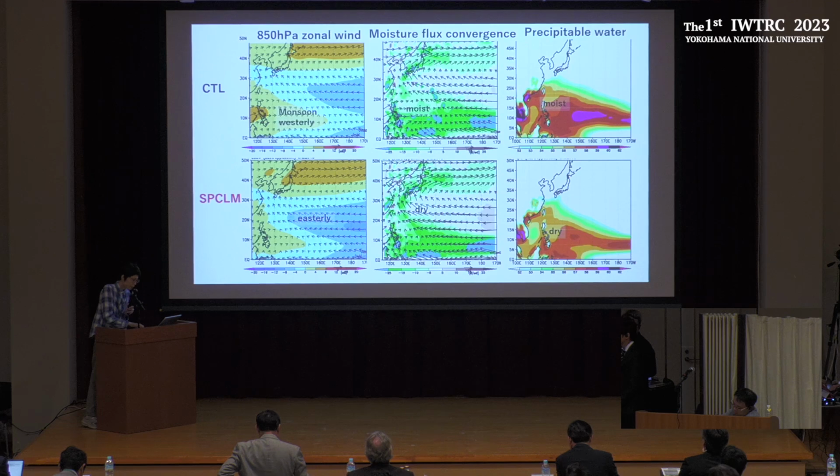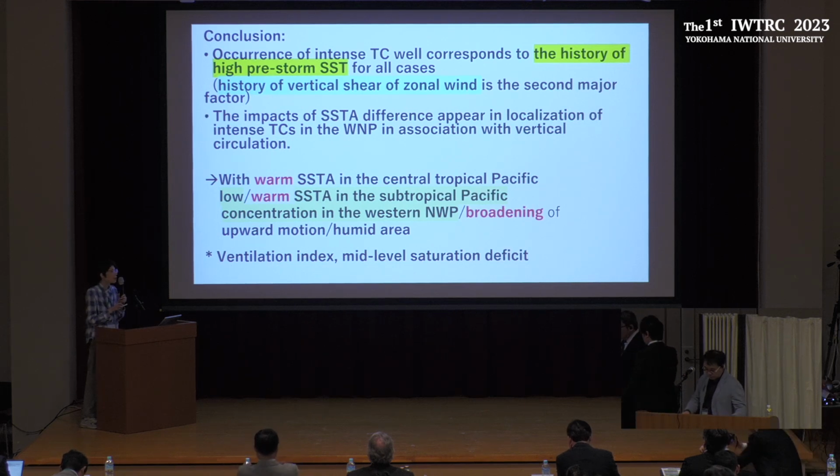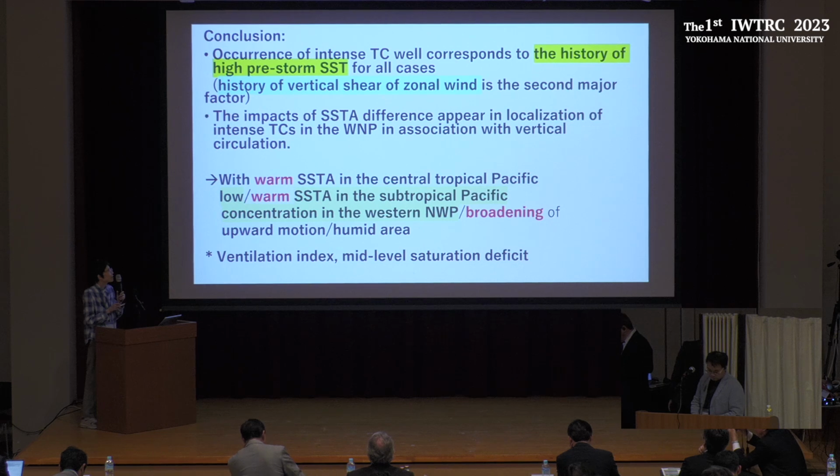This is our speculation. This is the conclusion: that the history of the sea surface temperature, followed by vertical wind shear, is deeply related to the lifetime maximum intensity of tropical cyclones.